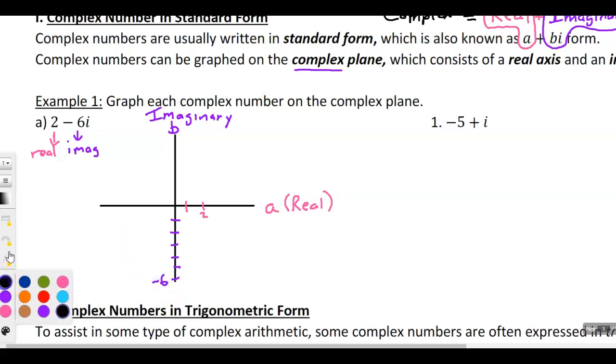Which means the complex number 2 minus 6i is right here. So if you really want to break it down into familiar terms, we just graphed 2 comma negative 6. That's what we just graphed.